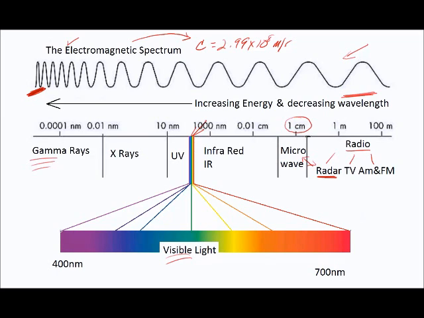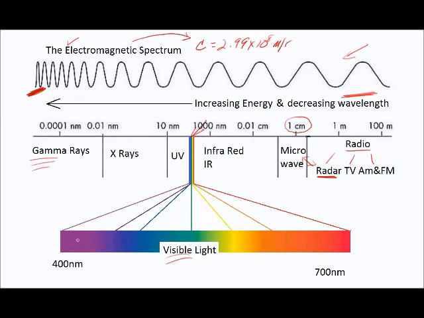Your eyes are only sensitive to an extremely tiny portion of the electromagnetic spectrum that you see right here, where it's expanded, from red, orange, yellow, green, blue, indigo, and violet. Those are the colors represented by different wavelengths of the visible part of the electromagnetic spectrum.